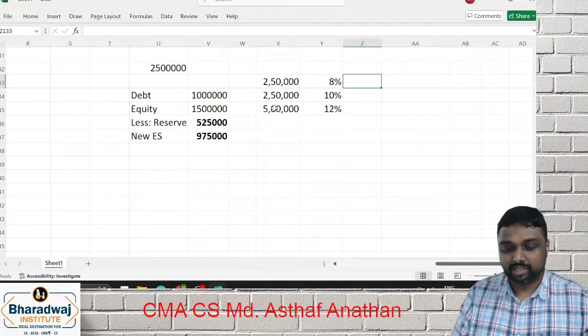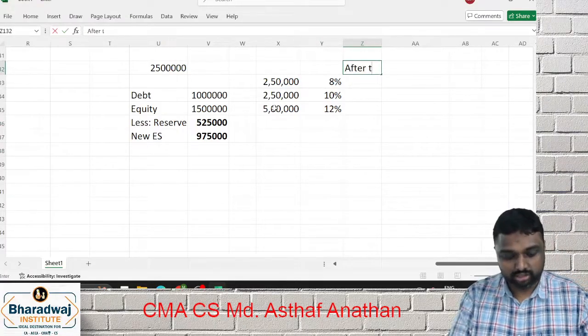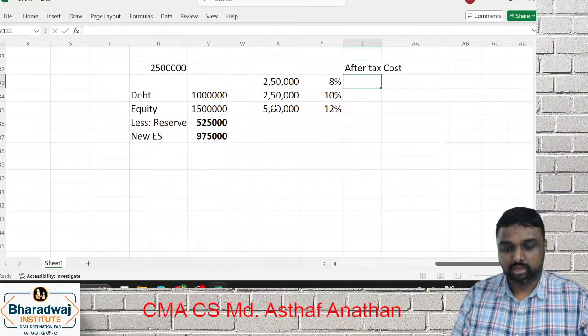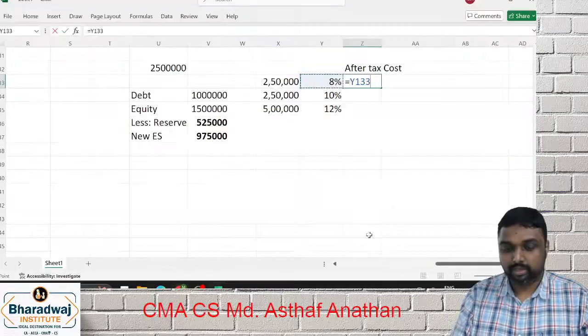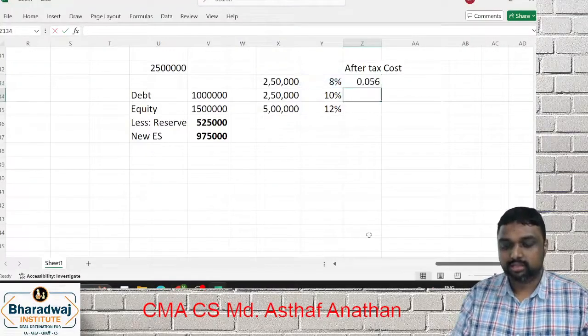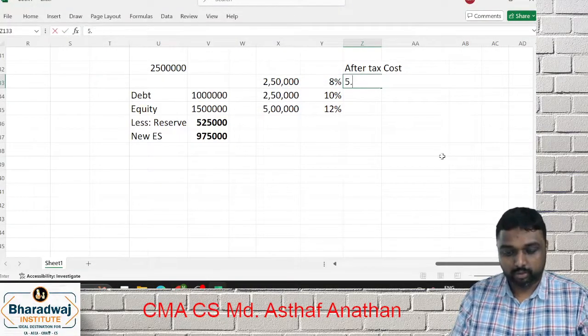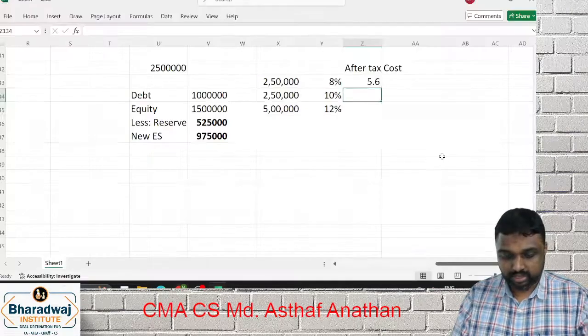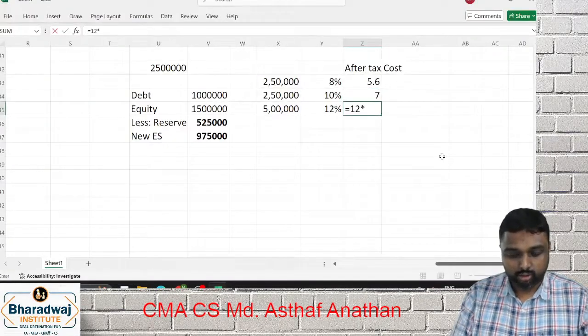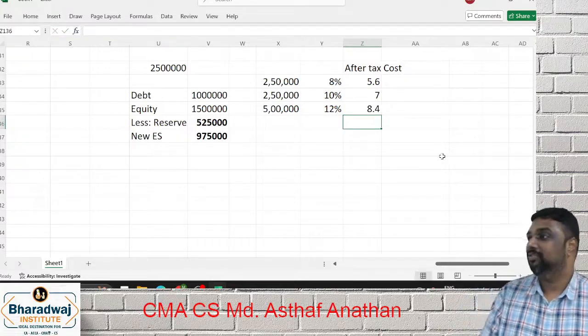Now, what is your after tax cost? Your tax rate is 30%, so this will be 70%. So 5.6, then 7 percent, and 12 into 0.7 is 8.4.